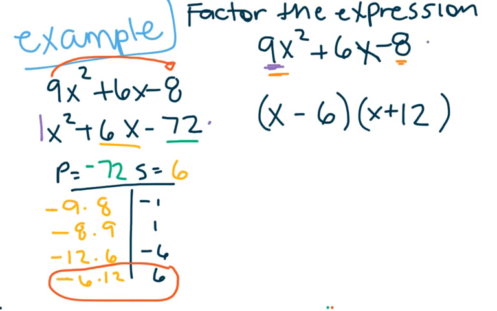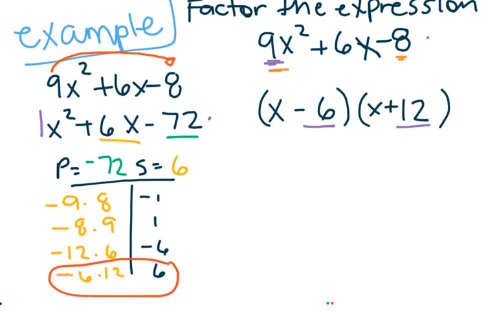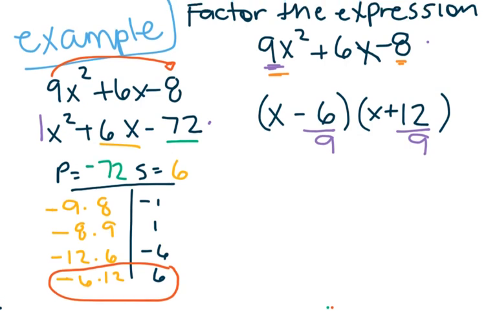So we have to undo that slide in the beginning of our problem, which was multiplying a and c, and divide now by that a. So we're going to take the temporary factors, which are 12 and -6, and we're going to divide them by the original a value, which was 9. When I divide these, I'm still left with my x. Handy dandy x kind of never leaves us, right?